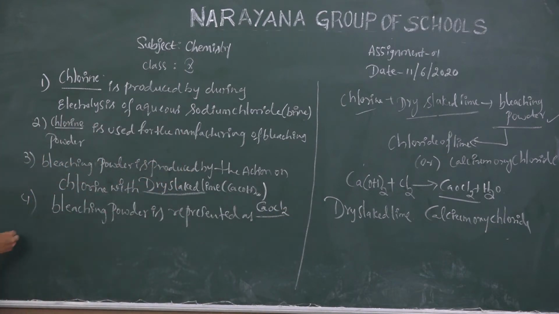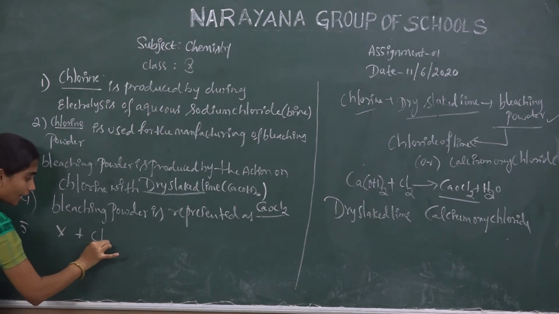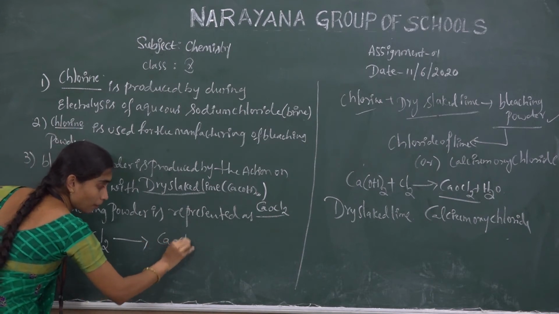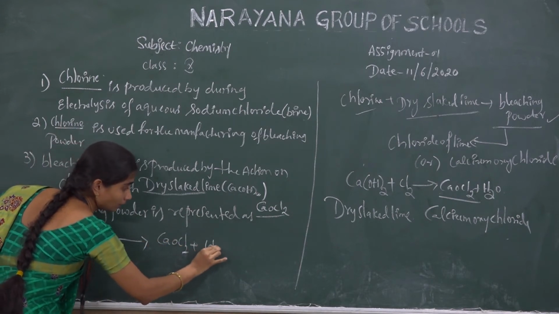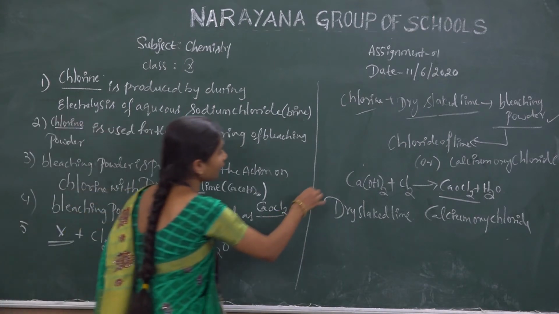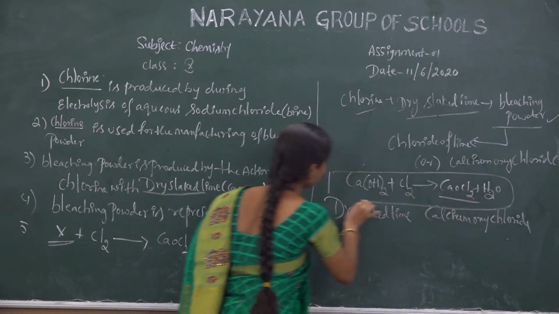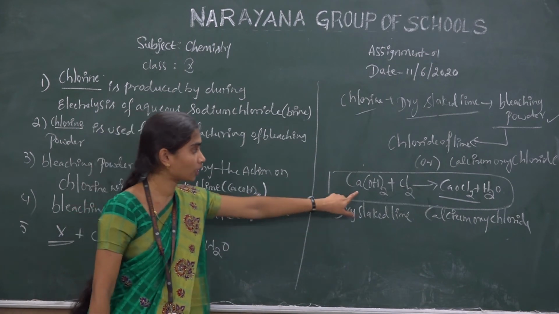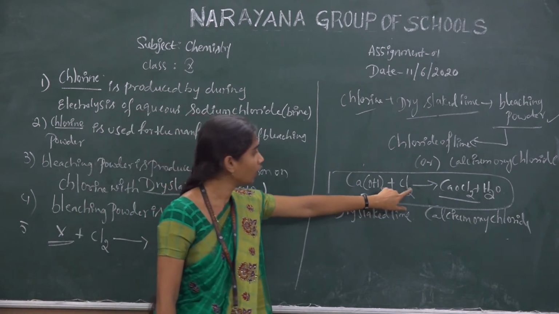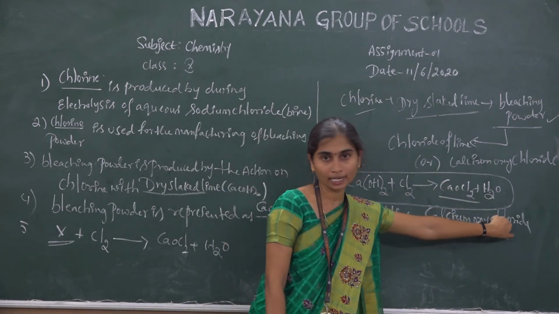The fifth question: X, when it reacts with chlorine, gives calcium oxychloride plus water. We need to identify X. See the reaction we discussed earlier: when dry slaked lime, calcium hydroxide, reacts with chlorine, we get calcium oxychloride and water.